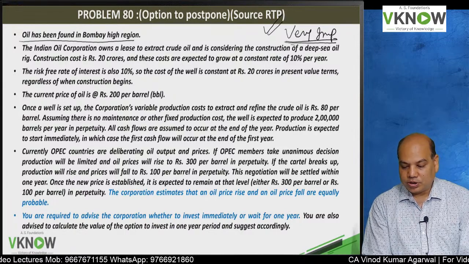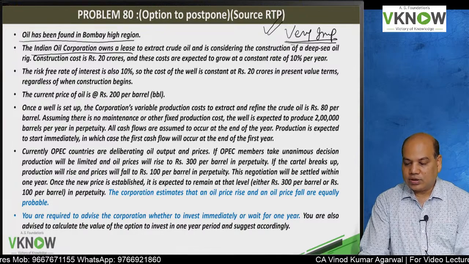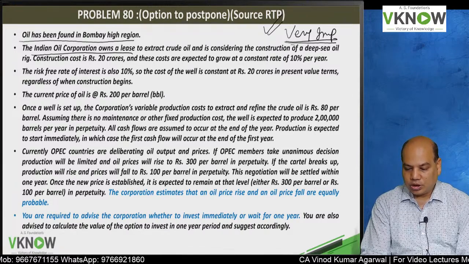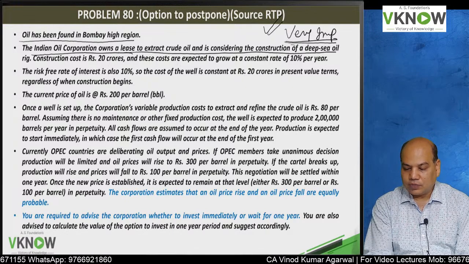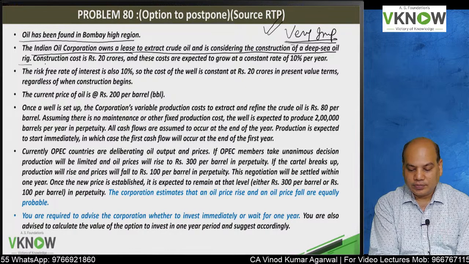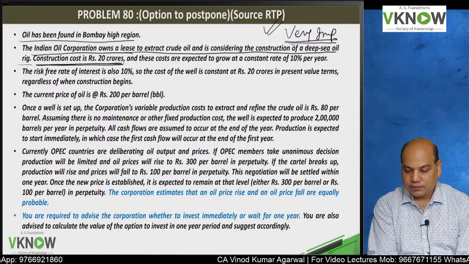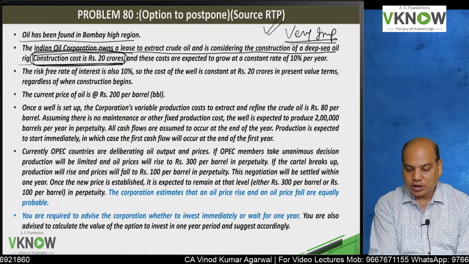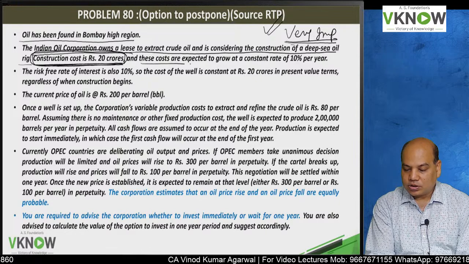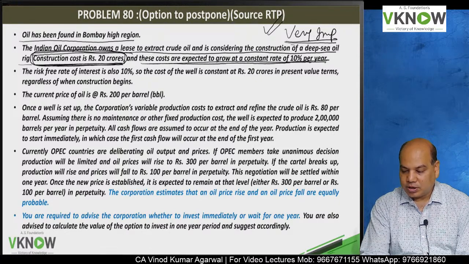Indian Oil Corporation owns a lease to extract crude oil and is considering the construction of a deep sea oil rig. Construction cost is 20 crore. This is the first thing you have to keep in mind. Construction cost is 20 crore and these costs are expected to grow at a rate of 10% per year.